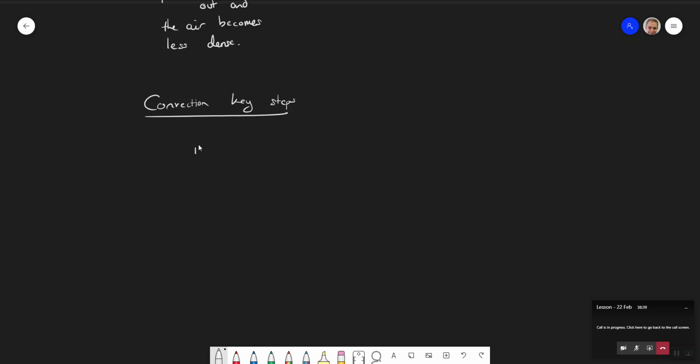Okay, the first thing is that the particles are heated, which means that they gain energy, because they're going to be moving more. So some source is going to give them kinetic energy. We then end up with the particles spread out.